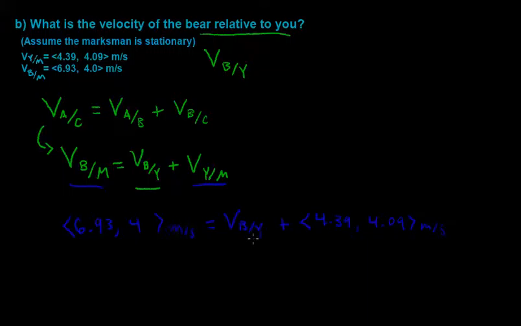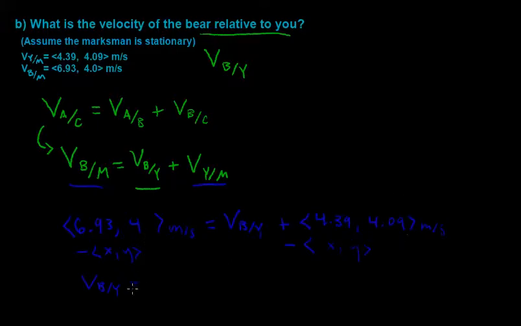And it's just as simple as subtracting this vector here, the x and y, on both sides. We just have to calculate that out so that each x component gets subtracted from the other. So it would be 6.93 minus 4.39 and 4 minus 4.09.